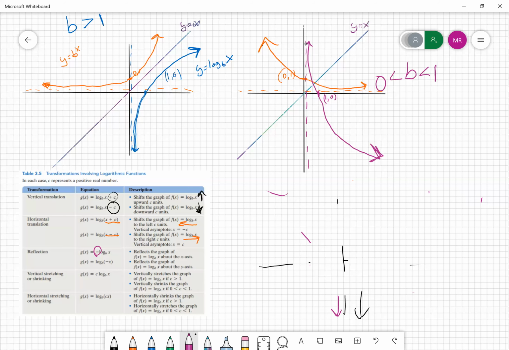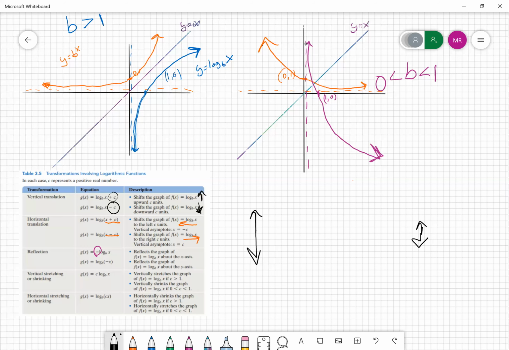And the last two things that we're going to talk about are stretching and shrinking. For time's sake, we can't go over these in great detail and graph them out like we did before. So I'm just going to write it out here. Now it's vertical stretch and vertical shrink.